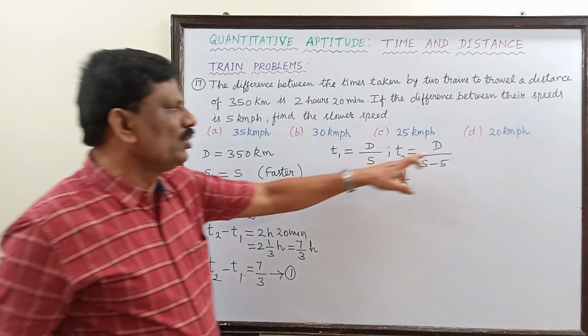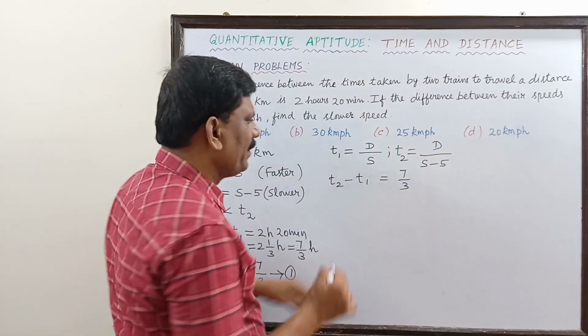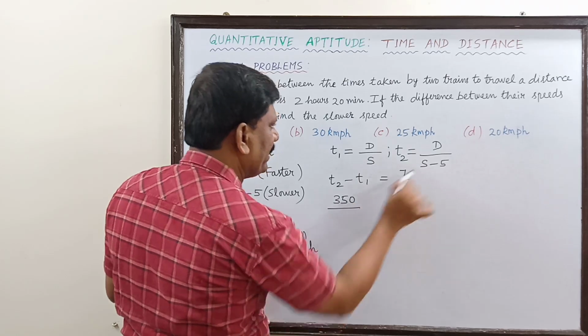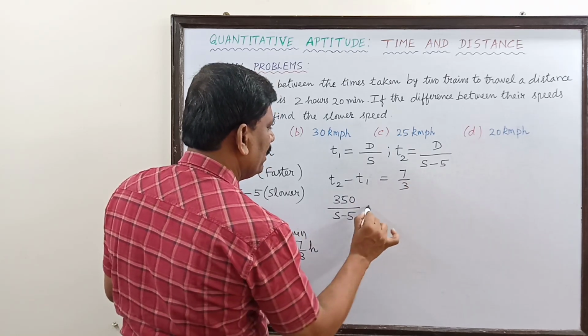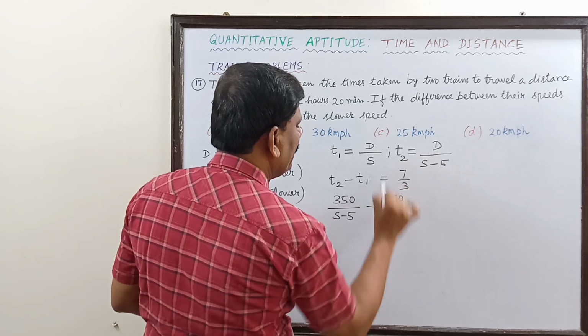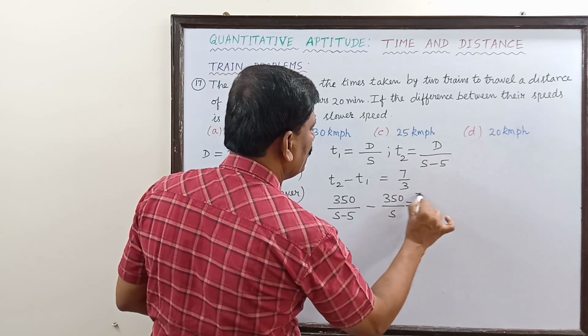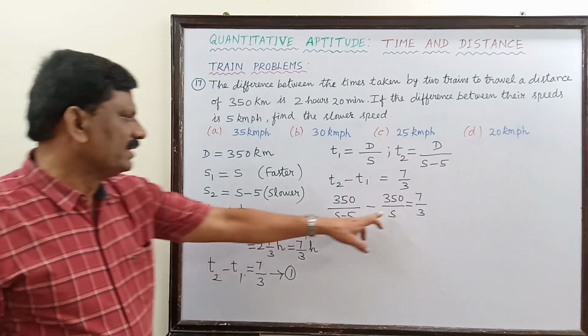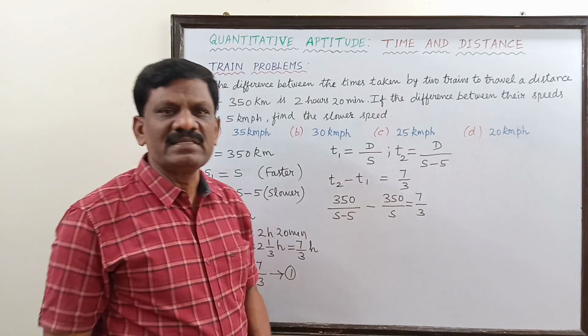In place of T2 we substitute 350 divided by s minus 5, minus 350 divided by s. This is equal to 7 by 3.